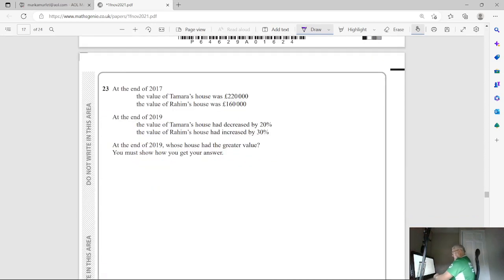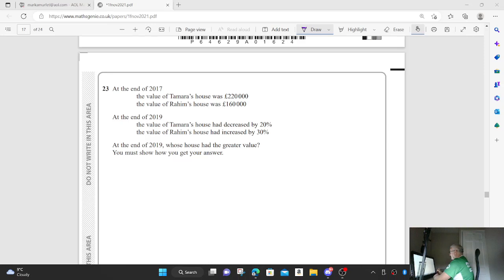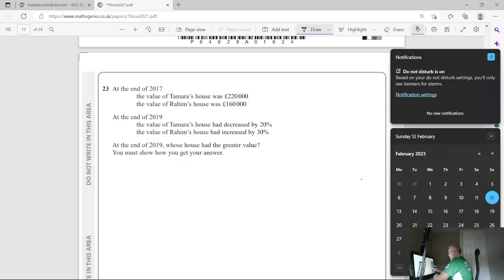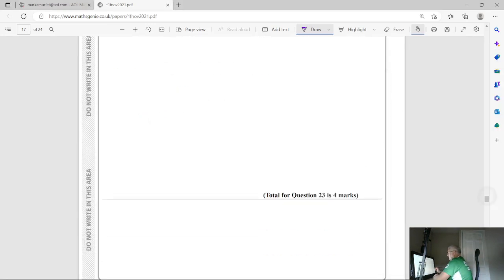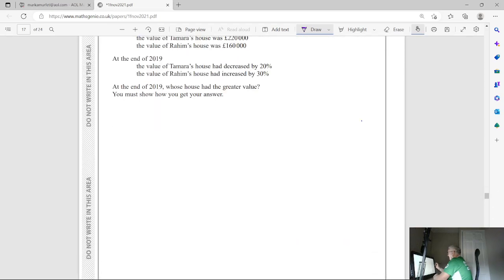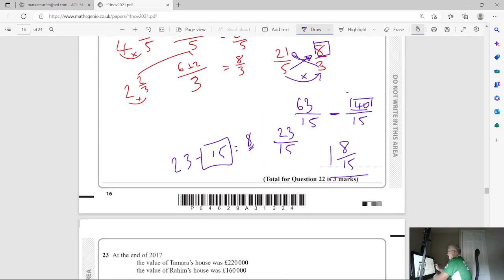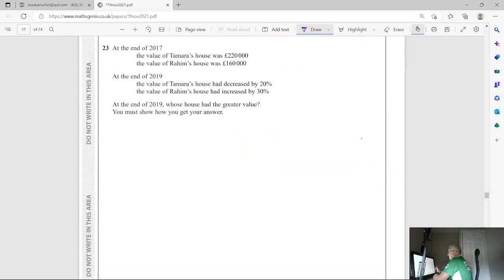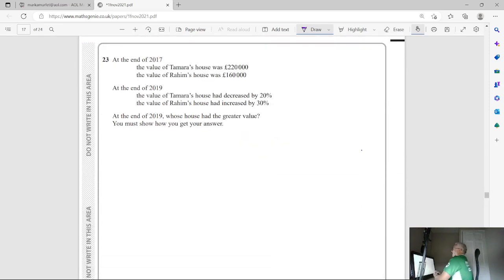Question 23. Okay. We're now getting into the higher worded questions that are quite in depth to work through. So again, the rule of thumb on this, the rule I would use, is do it a line at a time.